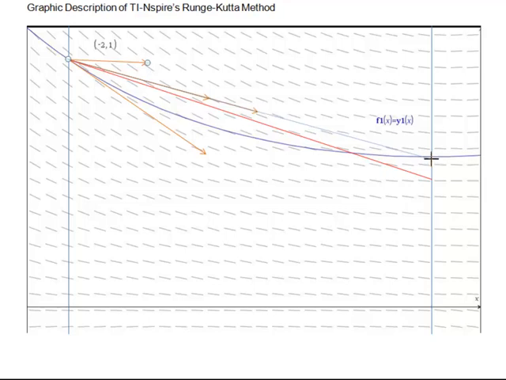We have a fairly strong influence pulling us down from that other slope. Maybe about there. But now there's that 4th slope, which is pulling us back up.